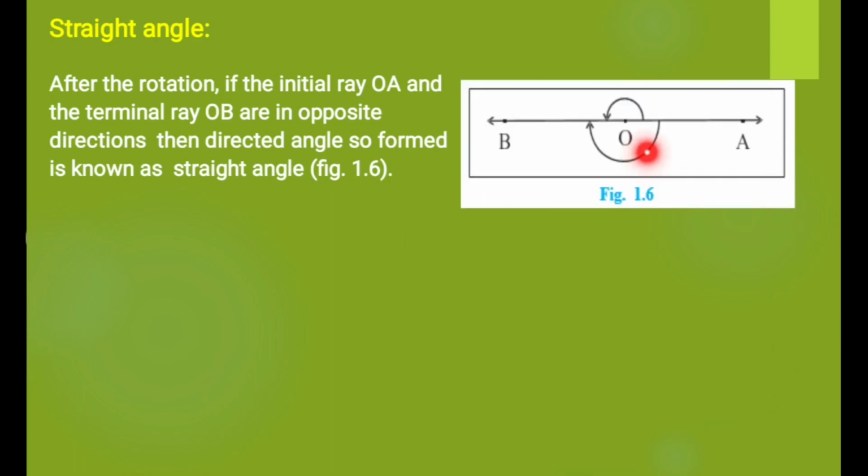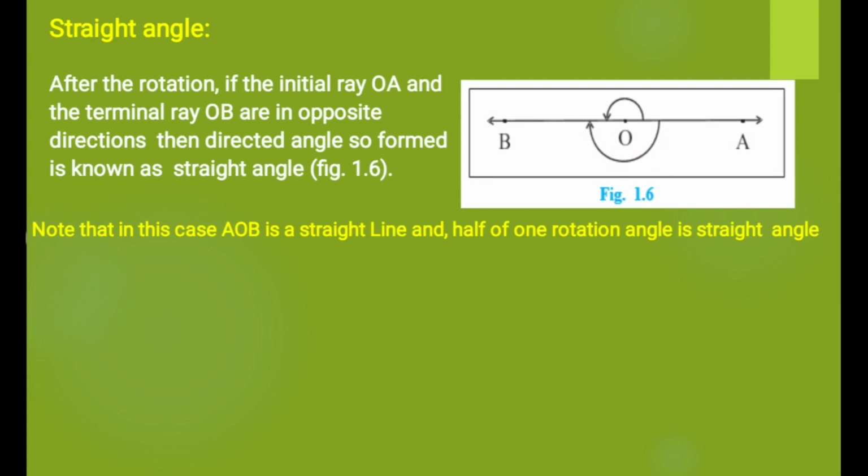In this figure, this ray OA and this ray OB are in opposite directions. So this becomes a straight line, which we call line AB. The angle made by this straight line is a half rotation.